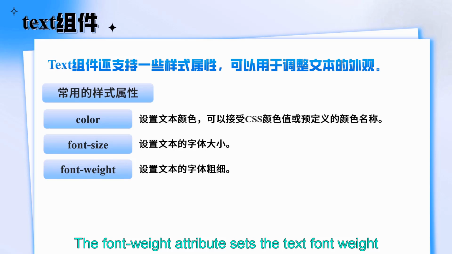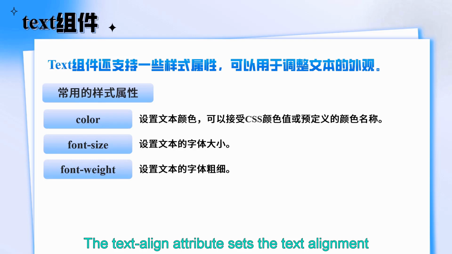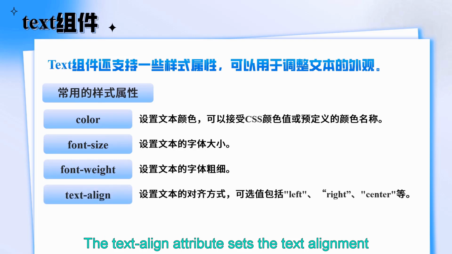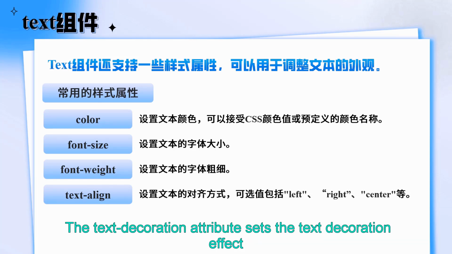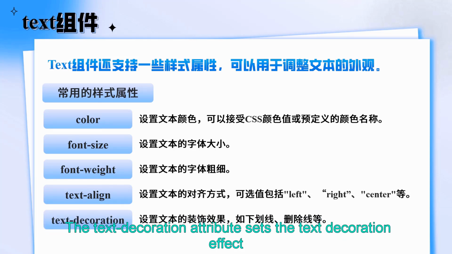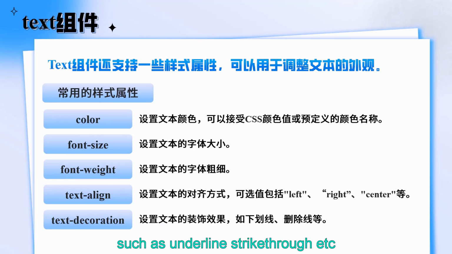The font weight attribute sets the text font weight. The text align attribute sets the text alignment. The text decoration attribute sets the text decoration effect, such as underline, strikethrough, etc. These are common styles.